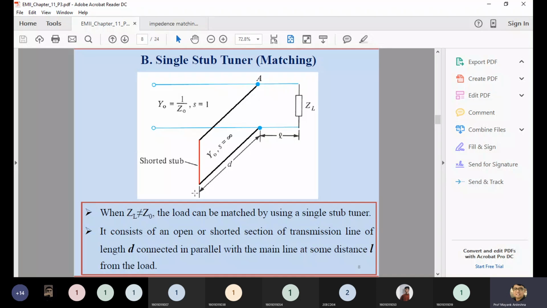So if you have single stub matching, you have to find out two important parameters. One is the location at which you can insert the stub, and the second is the length of this stub. Now this technique has some disadvantage. Clear? This technique has some disadvantage.